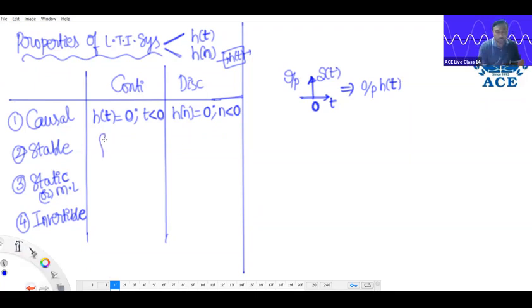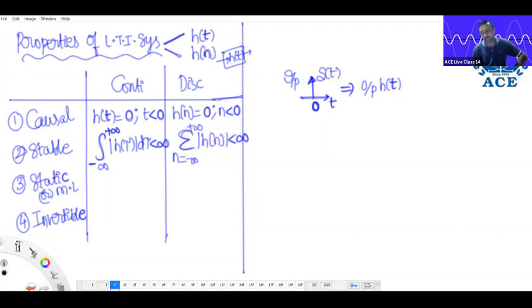What is stability? There we studied bounded input, bounded output. Here it changes to absolute area: integral of mod h of tau d tau less than infinity, sigma mod h of n less than infinity. Here it changes to absolute area.